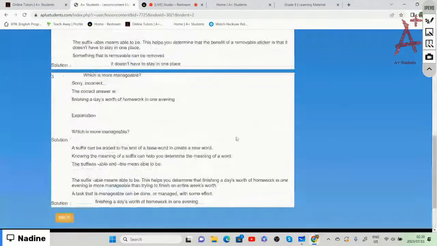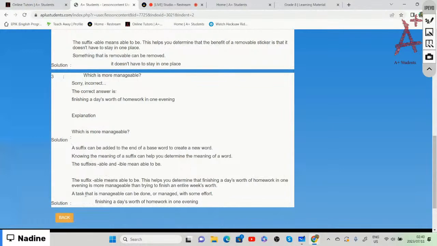And which is more manageable? Finishing a day's worth of homework in one evening can be seen as manageable, right? So finishing a day's homework in one evening is more manageable than trying to finish an entire week's work, which means one set of homework per day, for example.